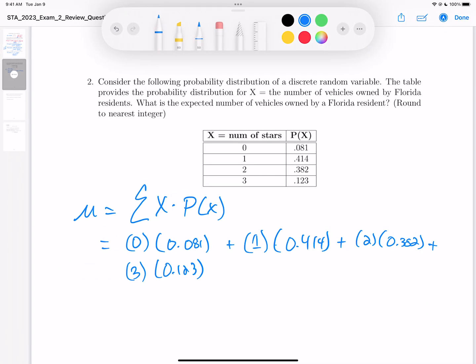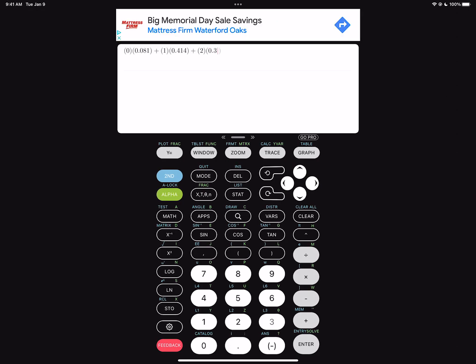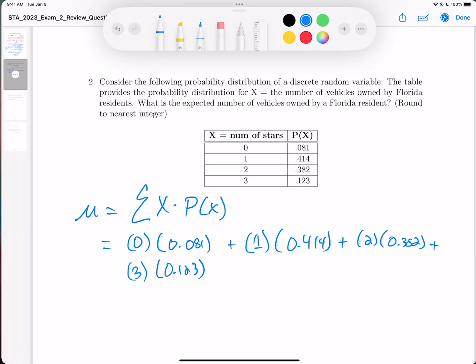It was 0.382, okay, plus now 3, let's do parentheses 3 times 0.123. That was the probability for 3. We push enter and we get 1.547.